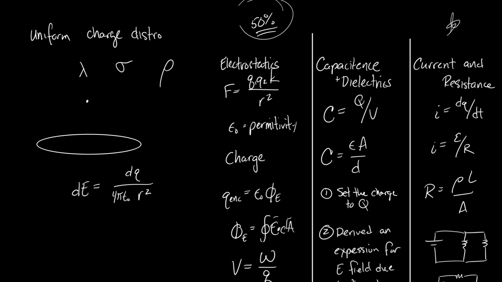What we never dove into, and this was on purpose because I save it for second semester almost every year, is non-uniform charge distributions. So we did a uniform charge distribution just the other day. That was the insulator that was charged with the insulating shell around the outside of it.